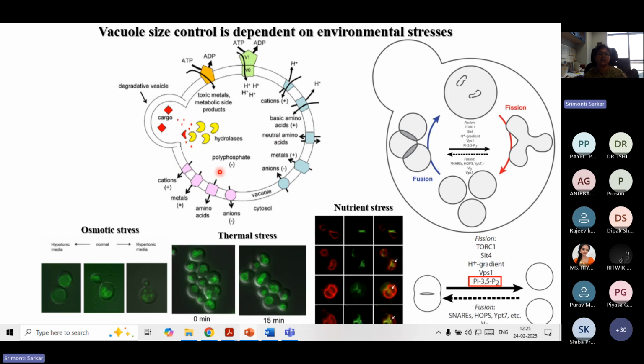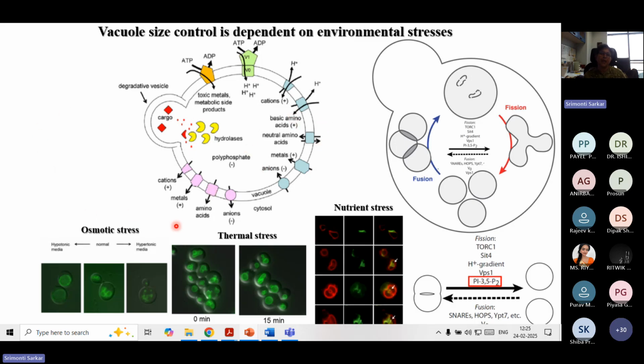When certain proteins are targeted into the vacuole, they are broken down, and the amino acids produced by this enzymatic hydrolysis of proteins are then transported back into the cytoplasm, where they can take part in newer rounds of protein synthesis.